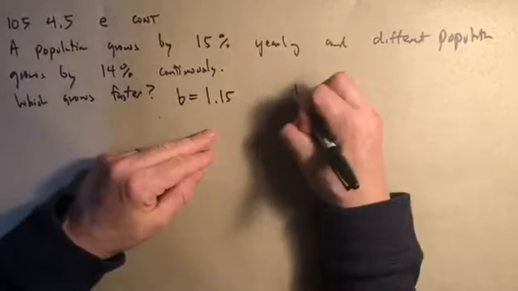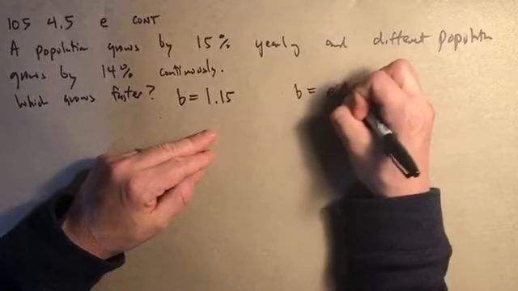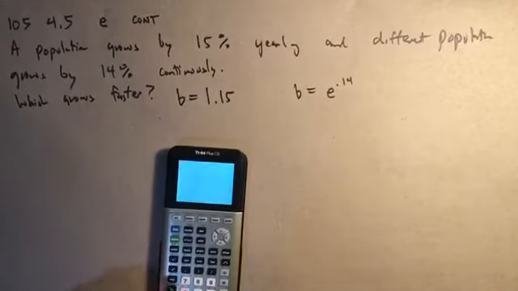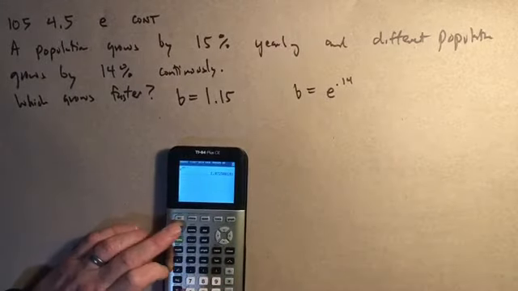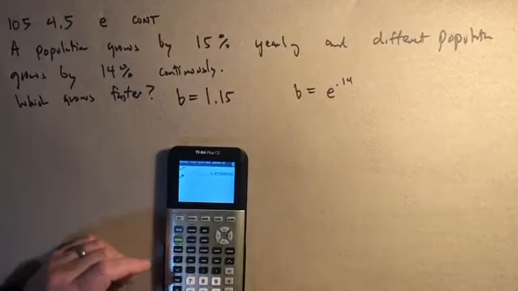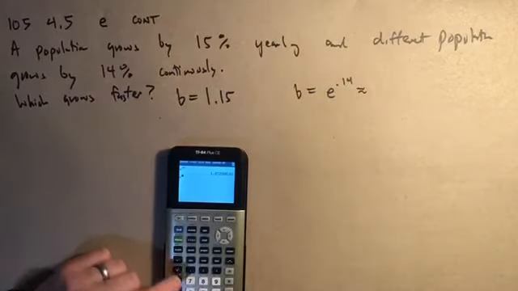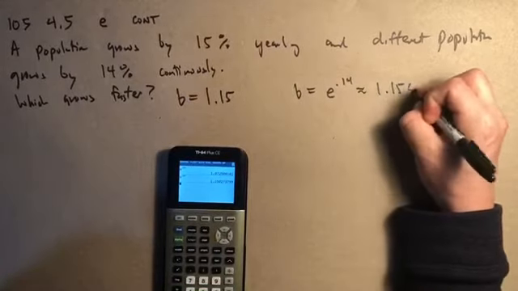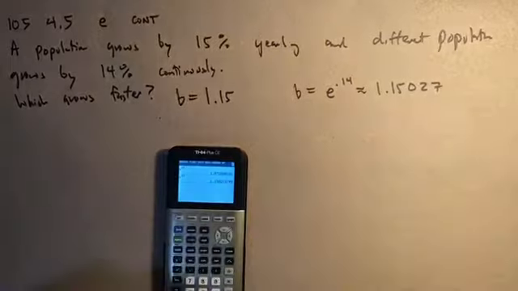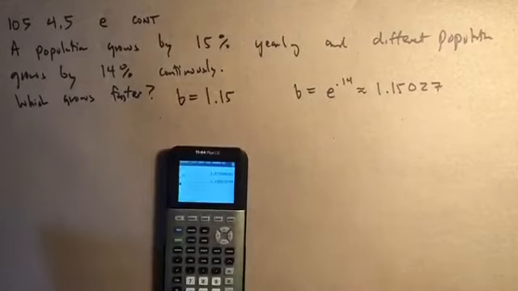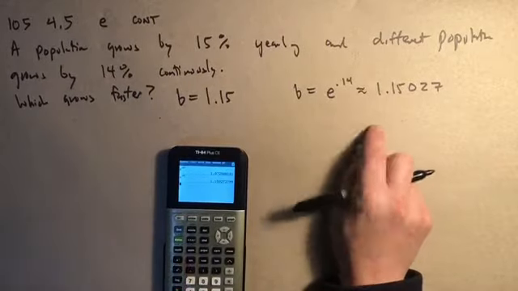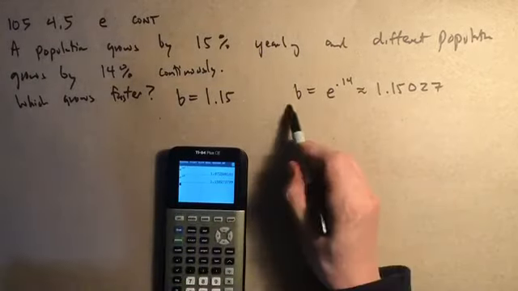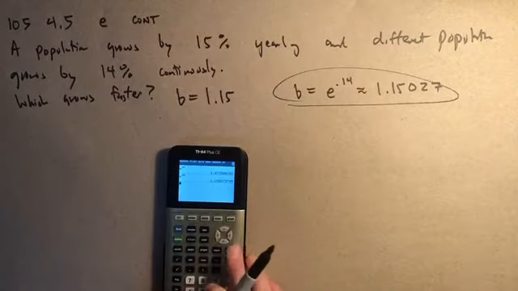For the other population, b is equal to e to the 0.14. And while I can see that I have something here, once again, I'm going to have to reach to my calculator to figure out exactly what this value is, or some approximation for it. 0.14, and I get 1.15027. So it turns out that 14% continuous growth is greater than 15% annual growth, and that second population is the champion.